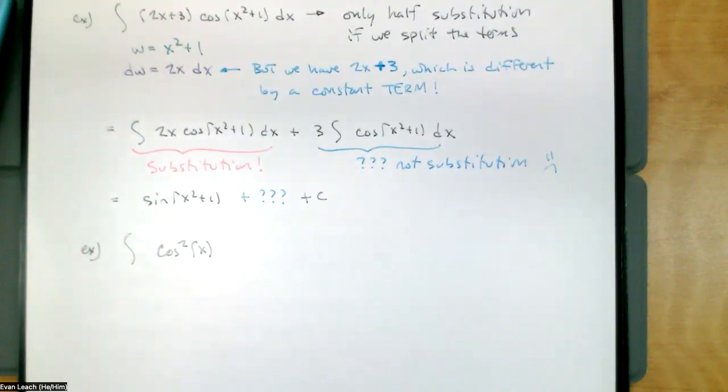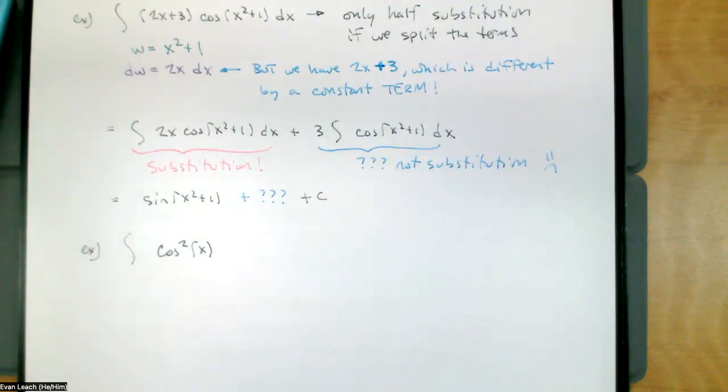Now, this on its own is not a substitution, but remember when we see cosine squared x, this means the square of the cosine of x. First, x gets cosined, then we square the result. So make sure that we can read this right.